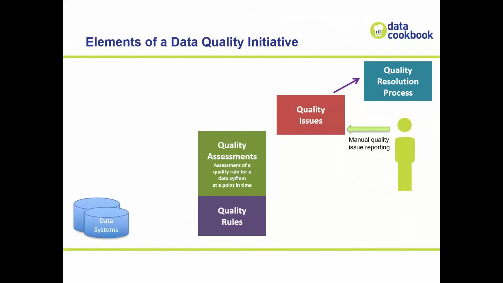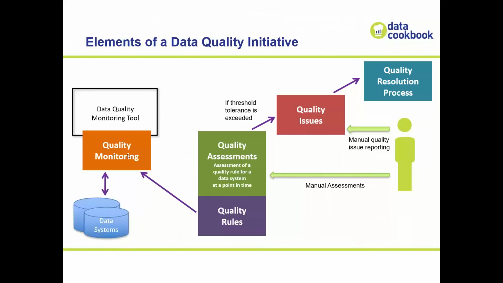For a particular data system, we've got 1,000 employees and 50 of them don't have an email address. That assessment could end up initiating an issue if you want. You can do manual assessments throughout time, but you can also do automated monitoring as well, where you can run these quality rules through technical details to automate assessments and then push that process up.